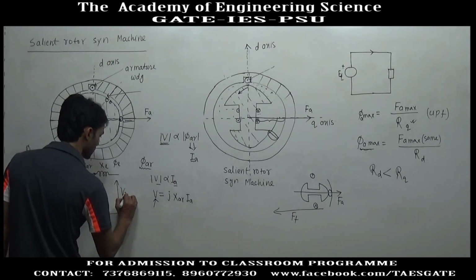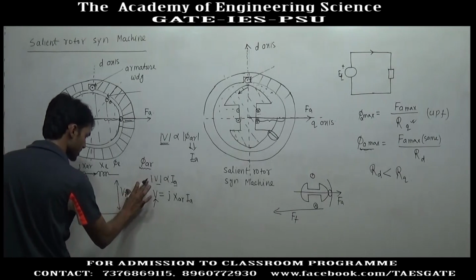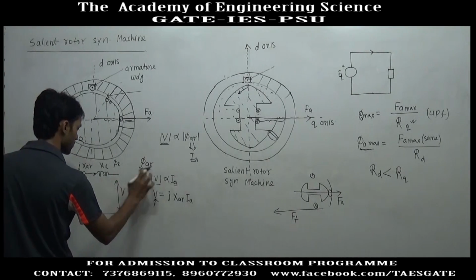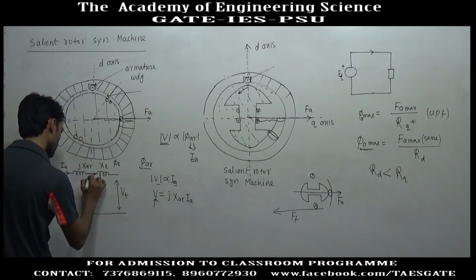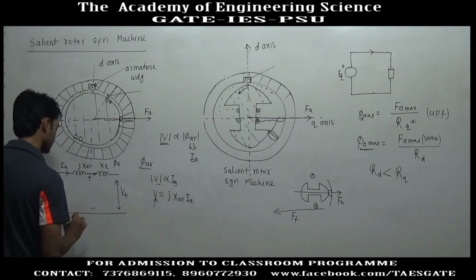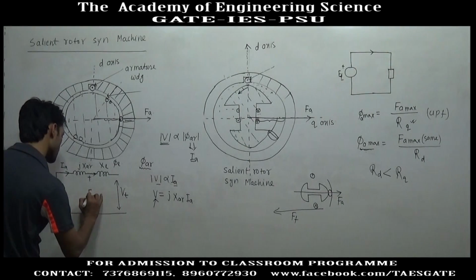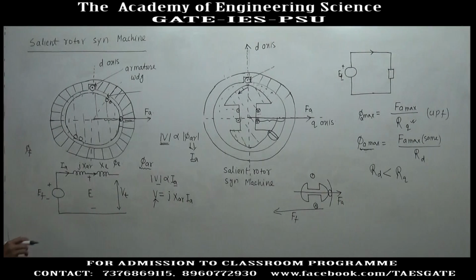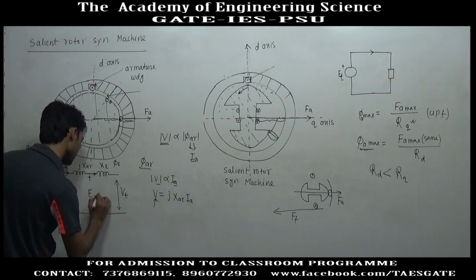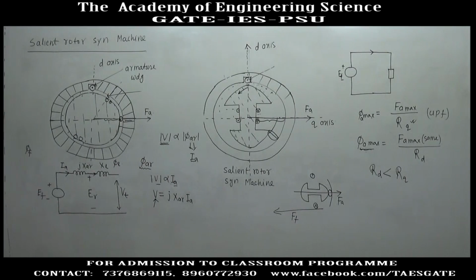I am neglecting armature resistance. If armature resistance is there, we will again add armature resistance, and here we will have generated EMF due to resultant flux. Resultant flux is the combination of field flux and armature flux.